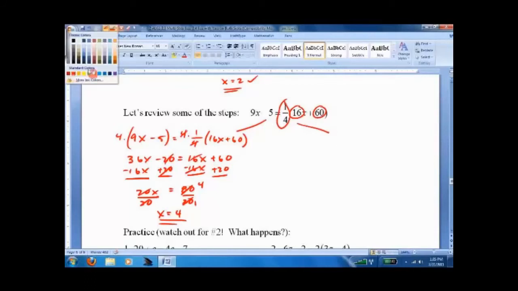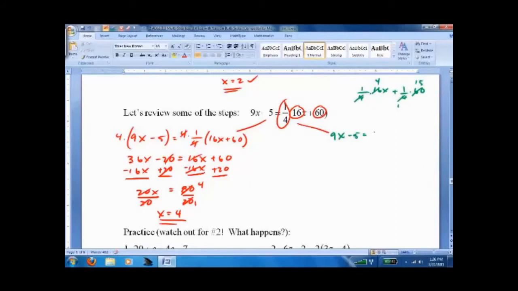I'll put this in a different color. 9x minus 5 equals 1/4 times 16x plus 1/4 times 60. That cancels to 4, and that cancels to 15. So we get 4x plus 15. Now things look very different than the other side, but that's fine. It should work out.